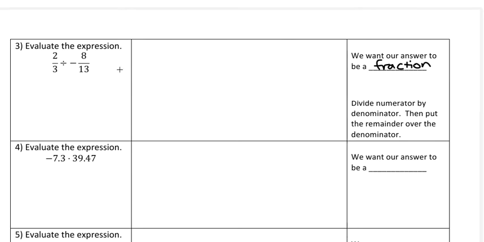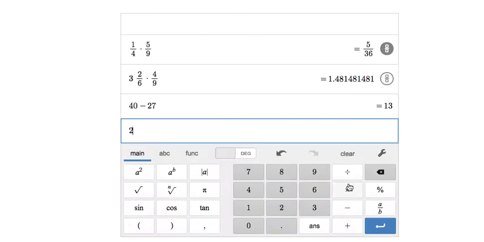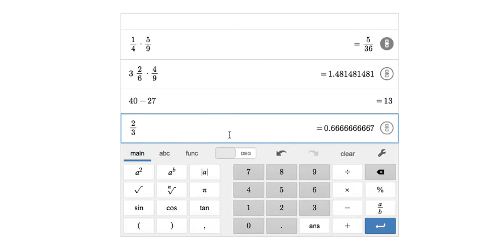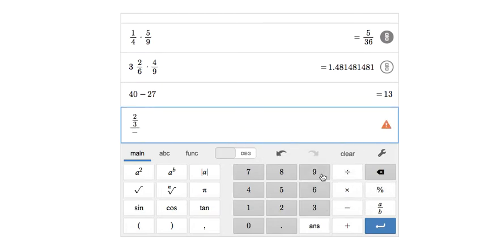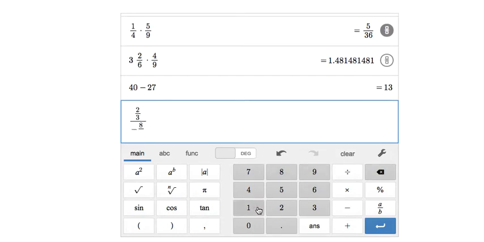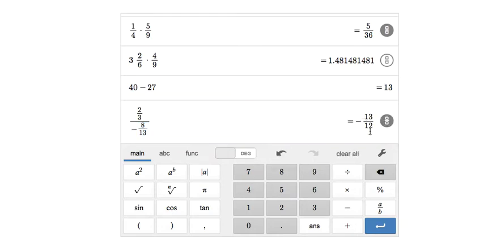So we're going to use our calculator. Now this is going to look goofy, but it's going to put one fraction on top and one fraction on the bottom, and that line means to divide. So that's okay that it looks that way. We get -13/12.